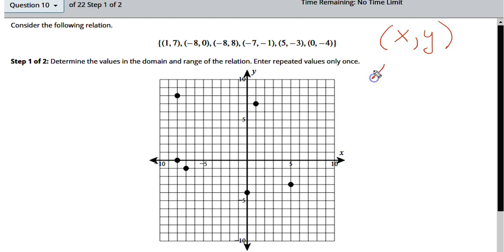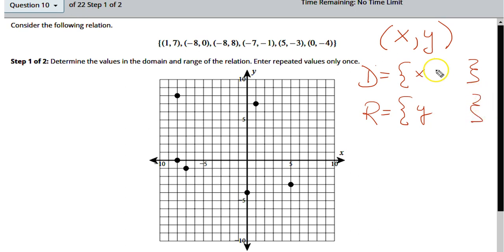And we said the domain were the x values, and the range were the y values. And we also said that if the x value was repeated, then it was not a function.